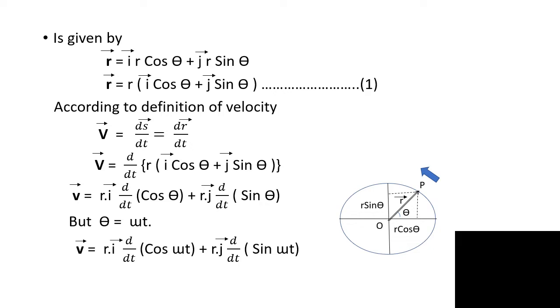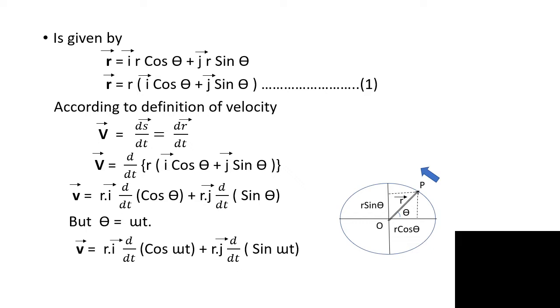So r bar equal to r into i bar cos theta plus j bar sin theta. According to the definition of velocity, v bar equal to ds bar upon dt, which is the same as dr bar upon dt. So v bar equal to d by dt of r bar. r bar is given by equation 1.